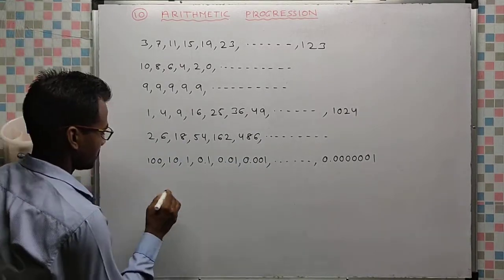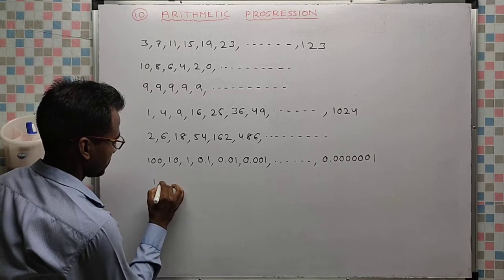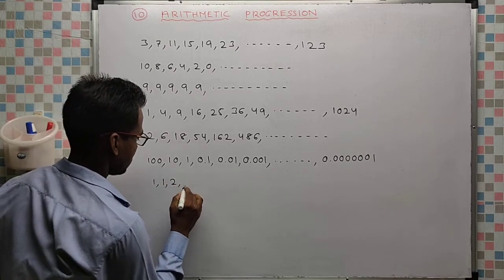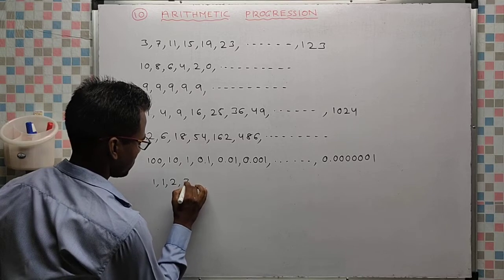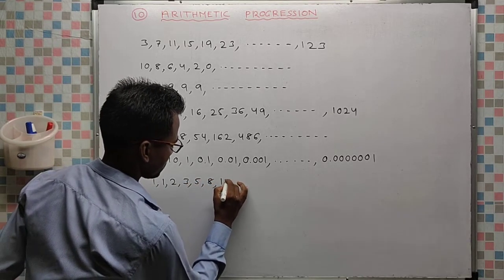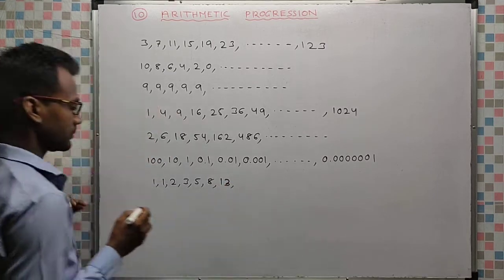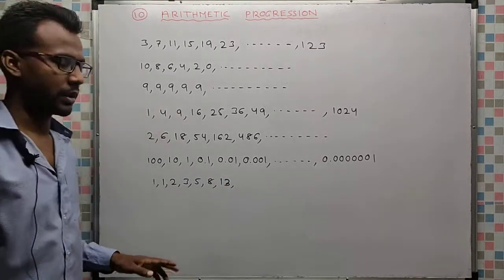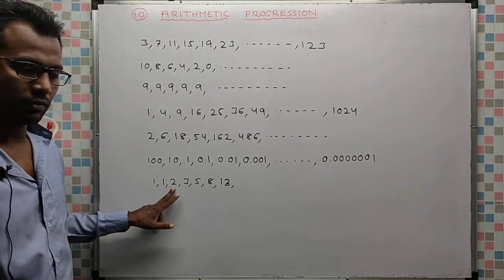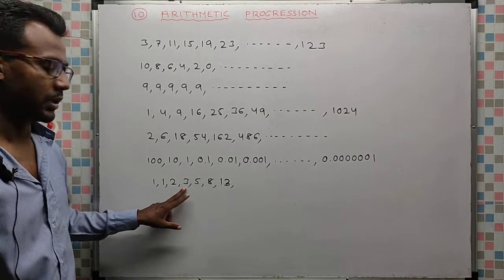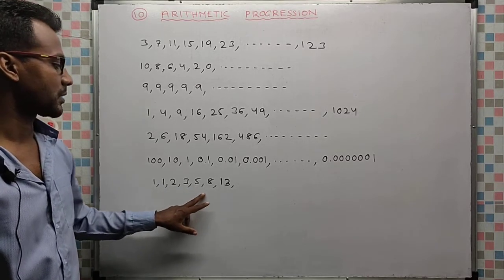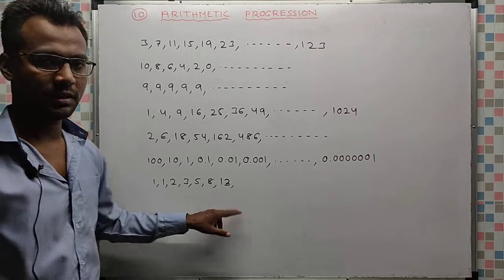Next, 1, 1, 2, 3, 5, 8, 13. What I have done here, try to understand. 1 plus 1 gives me 2. 1 plus 2 gives me 3. 2 plus 3 gives me 5. 3 plus 5 gives me 8. 5 plus 8 gives me 13.